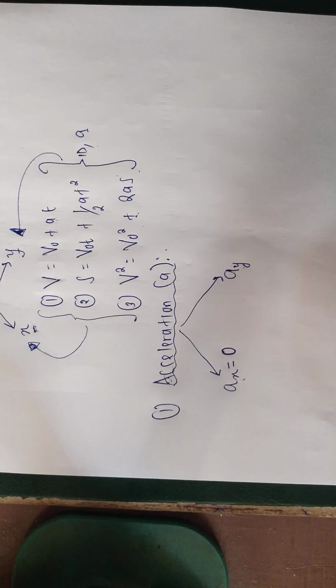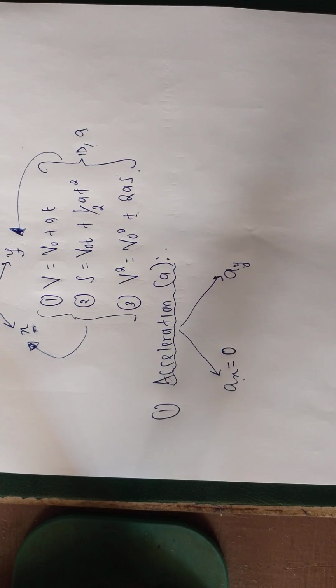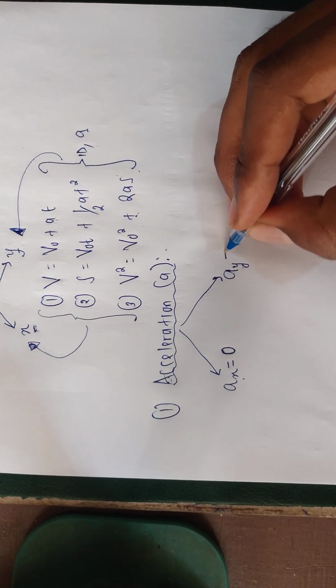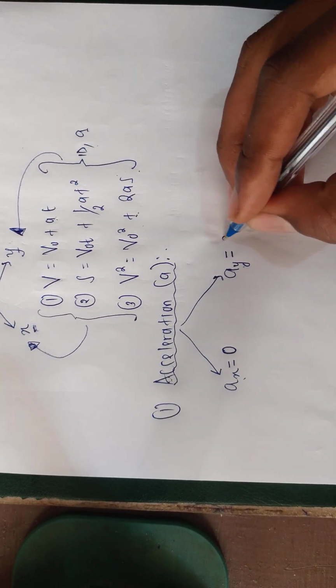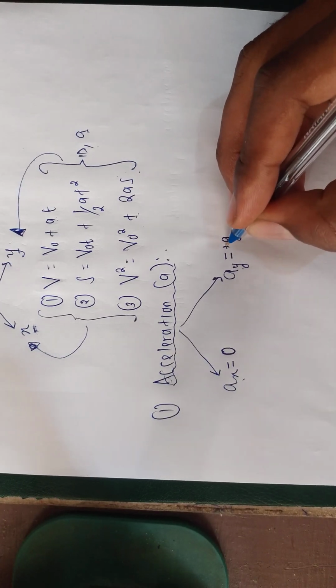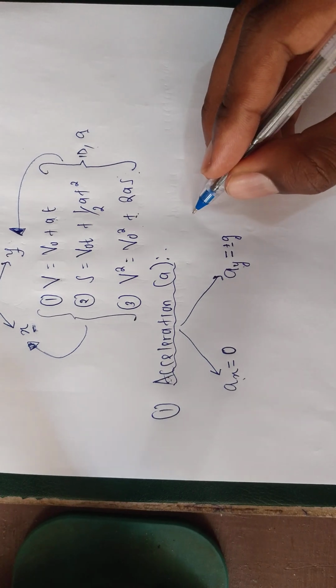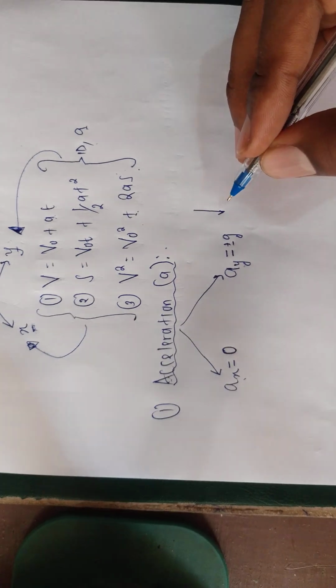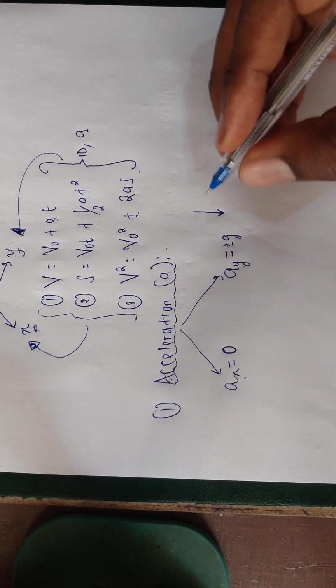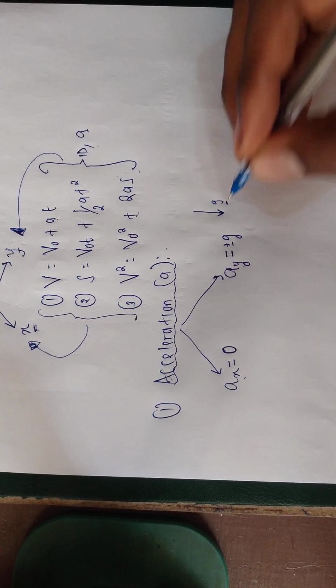That's why the acceleration in the x-axis is always going to be 0, because this body is being acted on by gravity, which is only found in the y-axis. And the acceleration in the y-axis is going to be your gravity, which can either be positive or negative. Since the gravity is always pointing downwards, this is your gravity that is always pointing downwards.